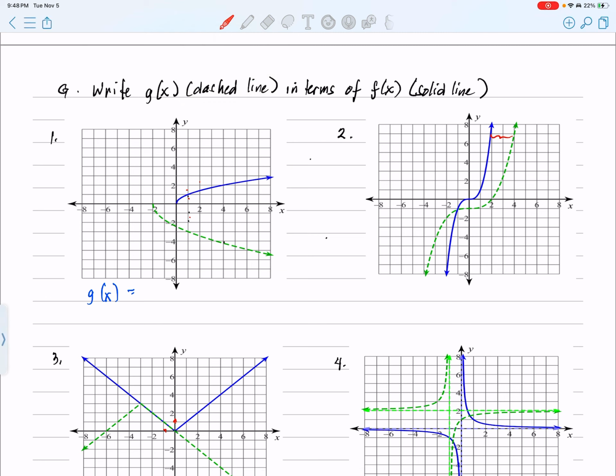First of all, I could see that there is a reflection, because they are facing each other. So there is a reflection across the y-axis for that function. All right. And I could see from here to here, it moved to the left, 2 spaces. That means it is x plus 2, horizontal translation.